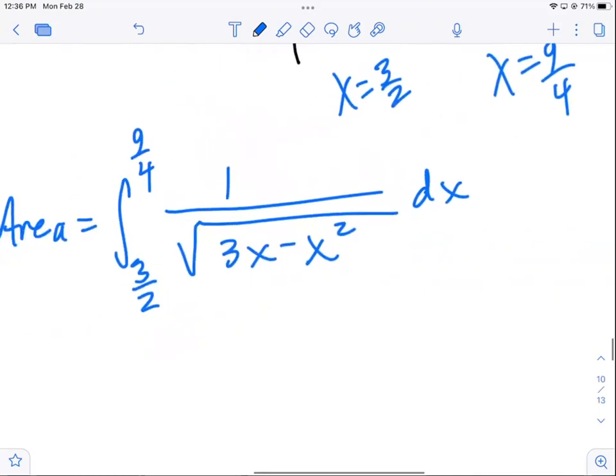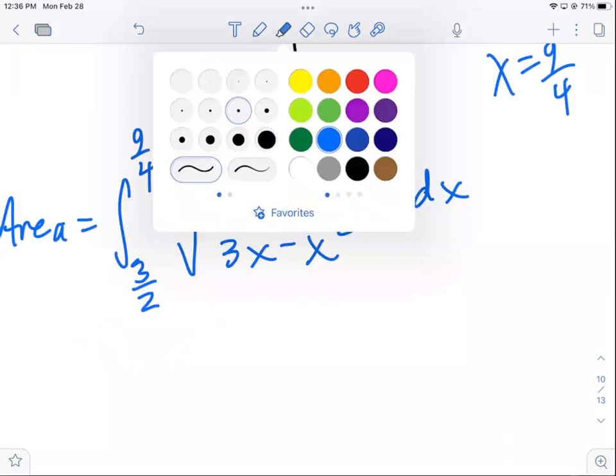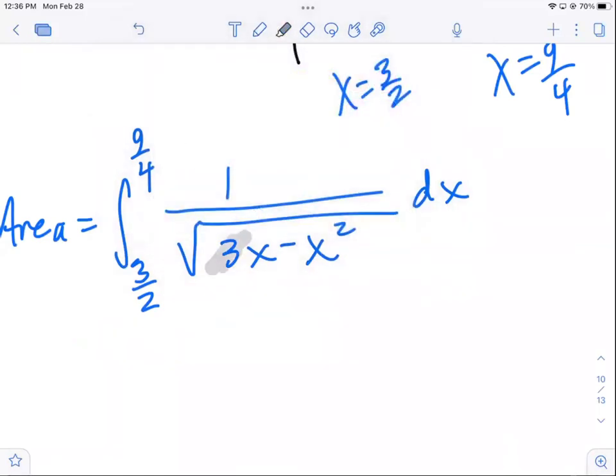Okay, so now I have to find the antiderivative so I can use the fundamental theorem of calculus. This is your inside function. If you were to bring it to the top and write it to the -1/2 power, just to check what its derivative is, you could, but you could check it in the denominator. What's the derivative of 3x minus x squared? It's 3 minus 2x. Do we have a 3 minus 2x factor?